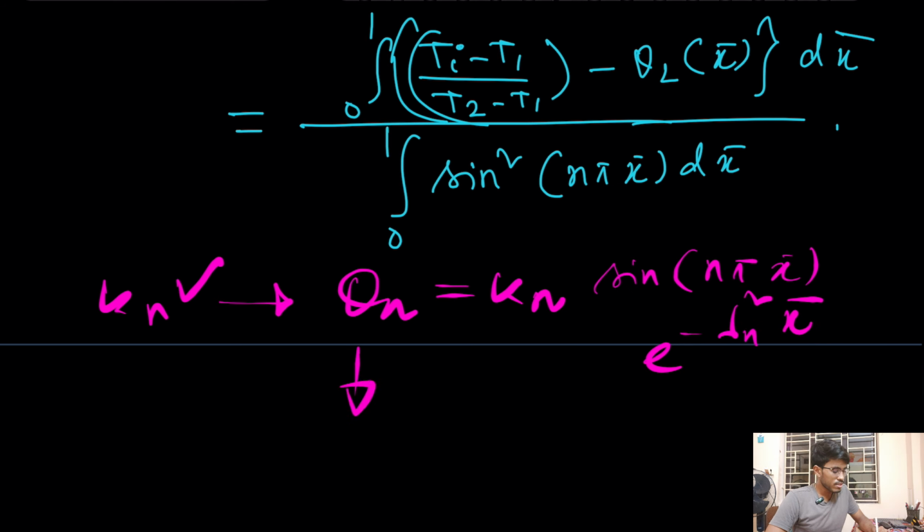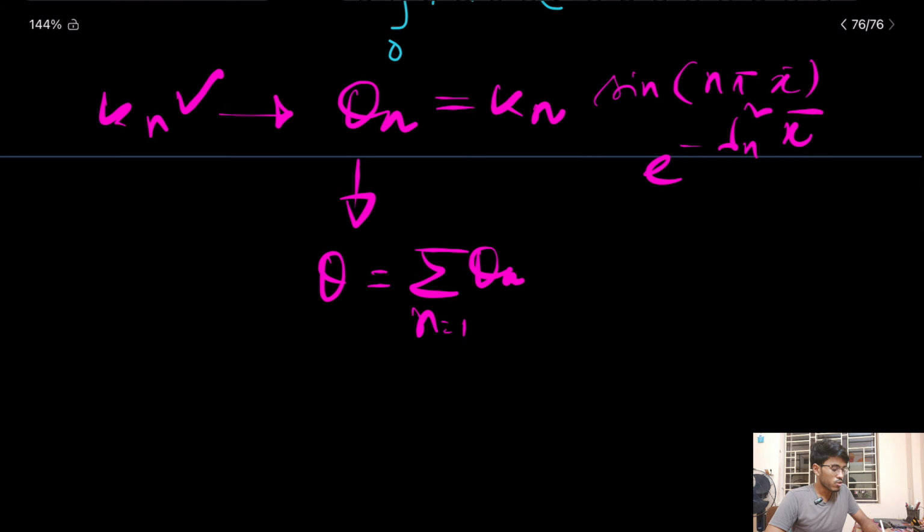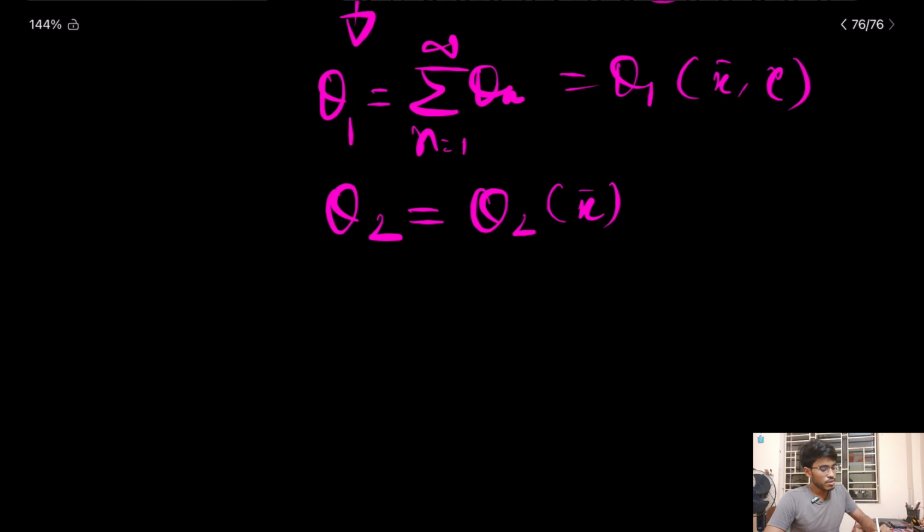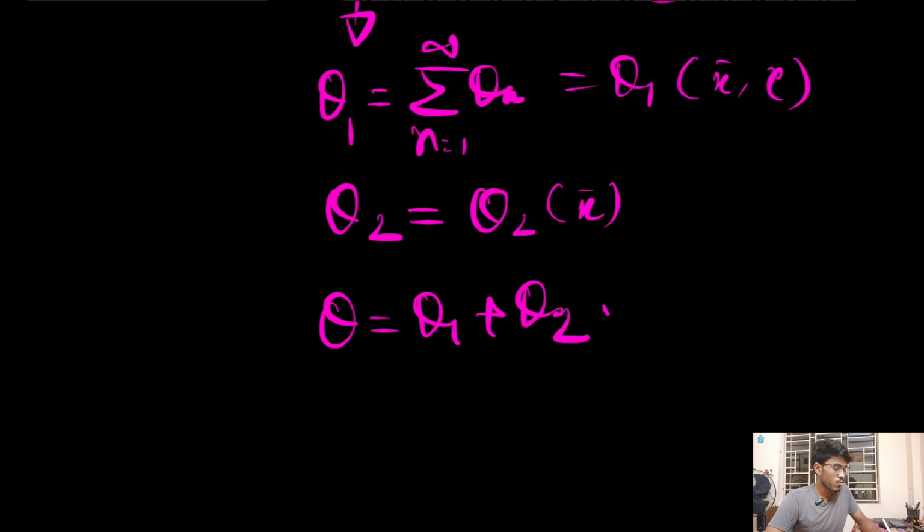The moment I know my theta n, I know my theta 1 as summation of theta n from n equal to 1 to infinity, and I know my theta 2 also. The moment I know my theta 1 and theta 2, my theta is equal to theta 1 plus theta 2, right? I have completed the whole solution.